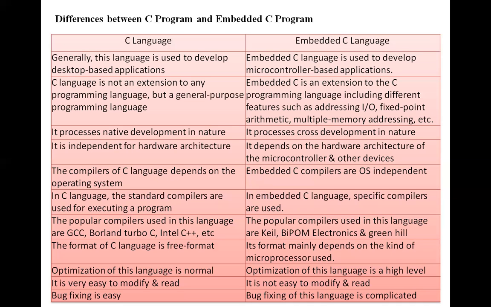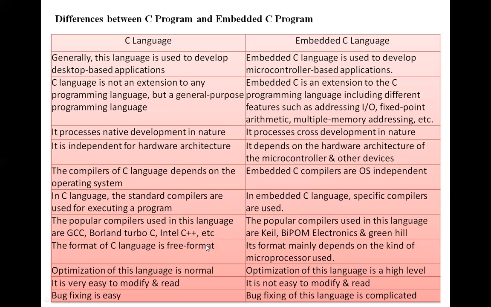The format of C language is a free format. But in embedded C, its format mainly depends on the kind of microcontroller. If you think about Keil, for the 8051 the Keil functionality will be different.